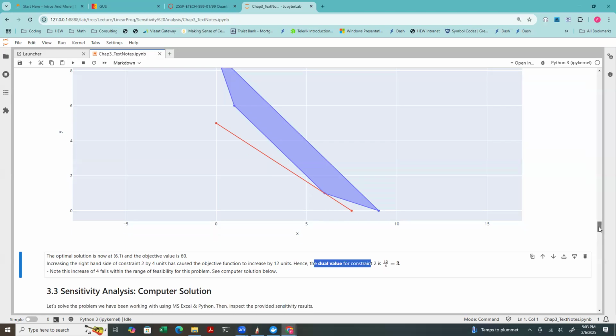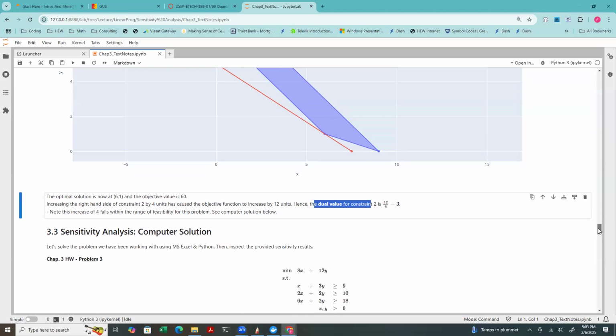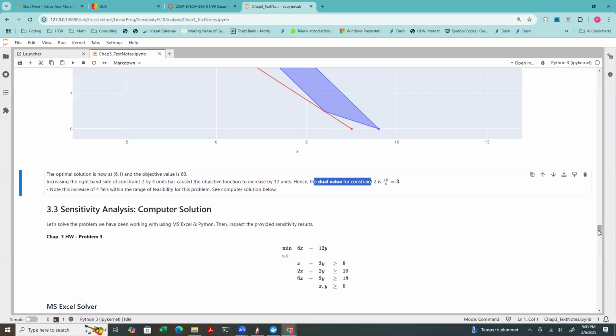All right, so with that being said, let's revisit this. We've done things graphically. I've mentioned before in the class that we'll do a little bit of graphical work early on in the semester, but very quickly we'll move to doing things with the aid of some sort of computer software package, not just to draw lines and fill areas on Cartesian planes, but to actually do the solving. At this point, I'll look at the MS Excel Solver first.